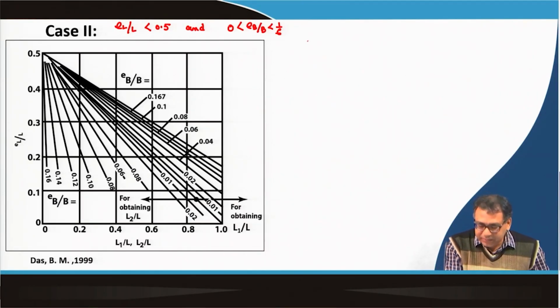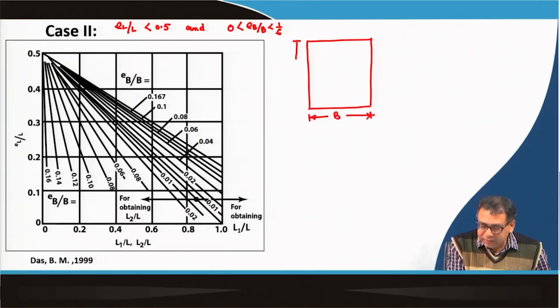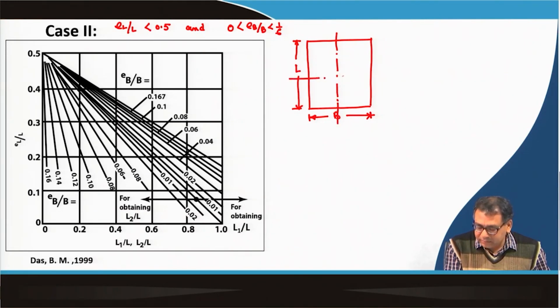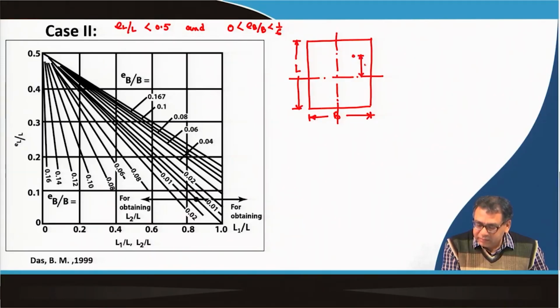so this will be the foundation, this one is B and this one is L, this is the center line, and your loading is acting here, this is e_L and this one e_B.